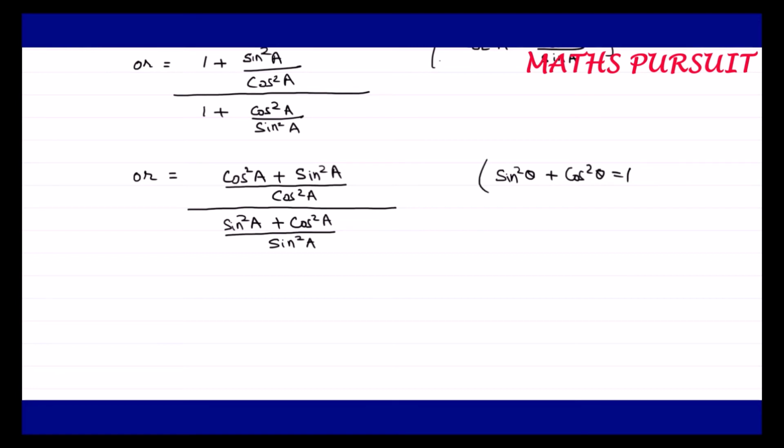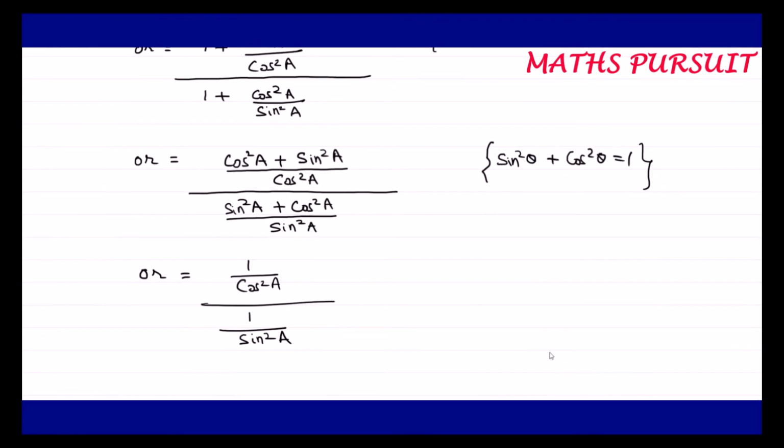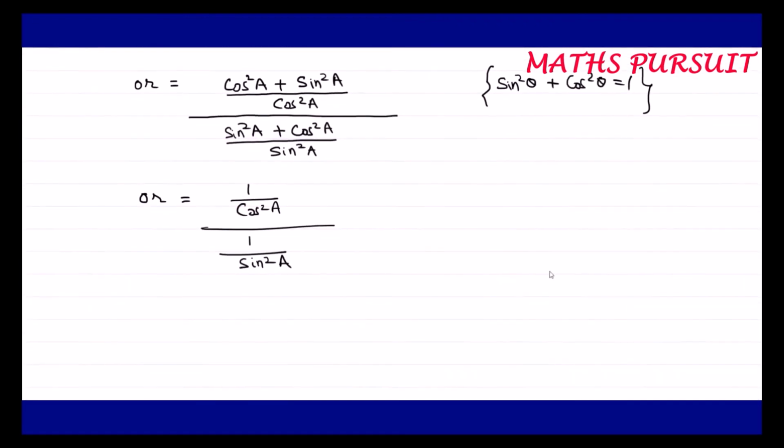So let us use that. I can write this as 1 upon cos square a by 1 upon sine square a, because cos square a plus sine square a is 1.